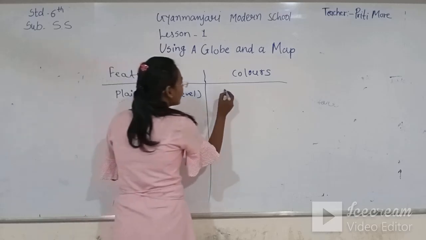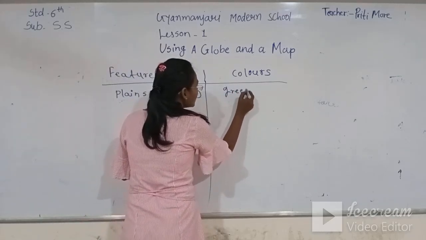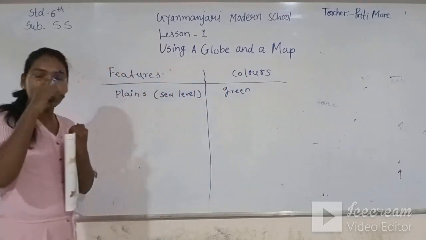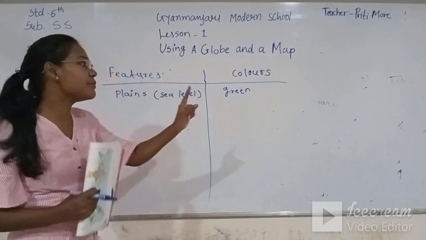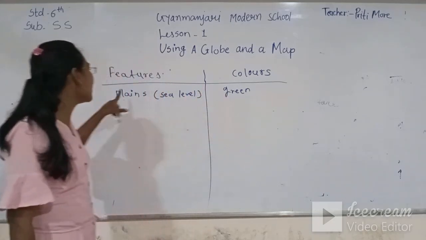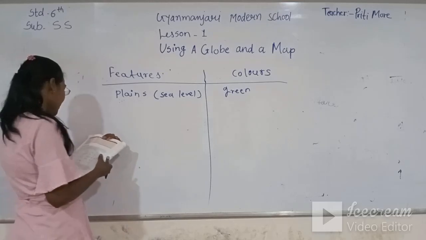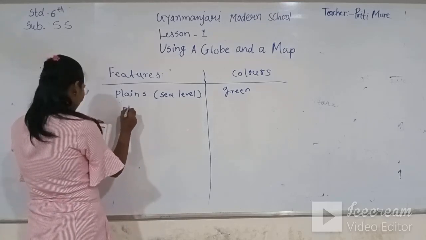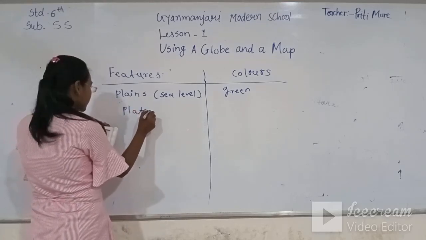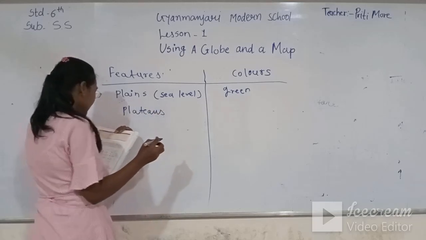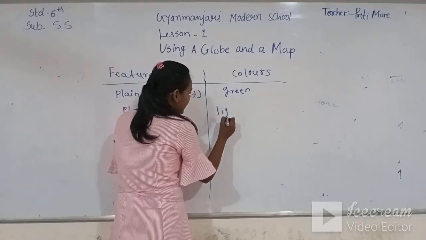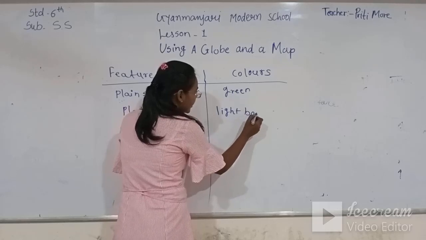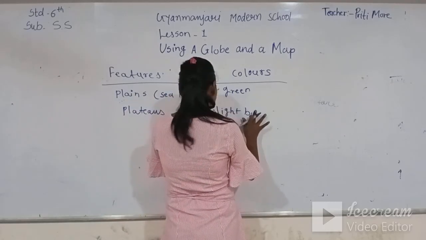For that the map maker has used green color. That means if green color is there on the map, it is indicating the plain areas. Now the plateau: light brown. That means this light brown color is indicating the plateaus.